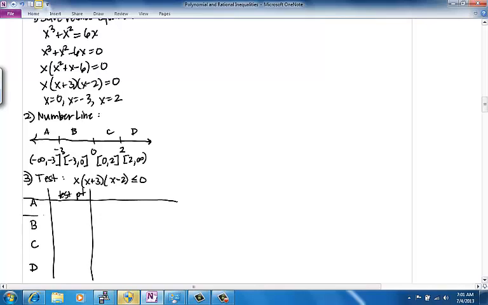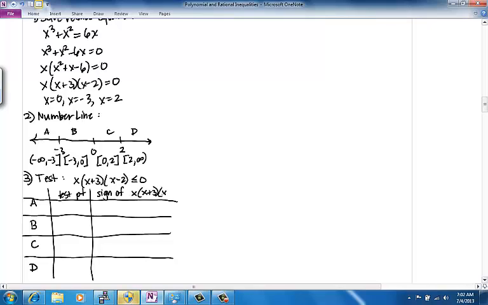We'll write a test point down in case you want to work through the specific value. But we really are worried about the sign of x times x plus 3 times x minus 2. So let's keep track of a little less than we did on our previous chart.